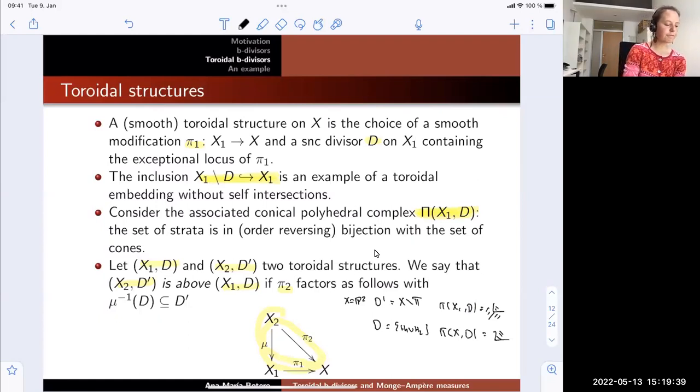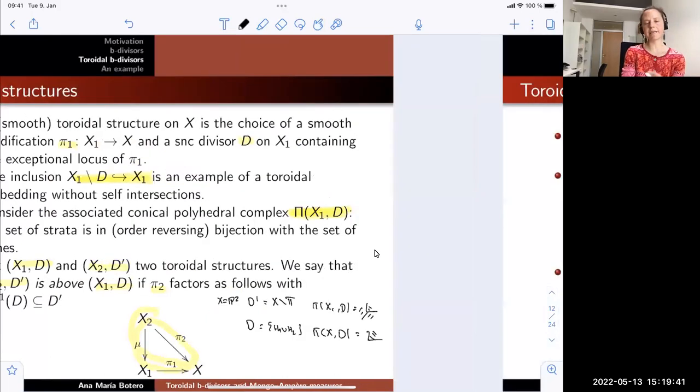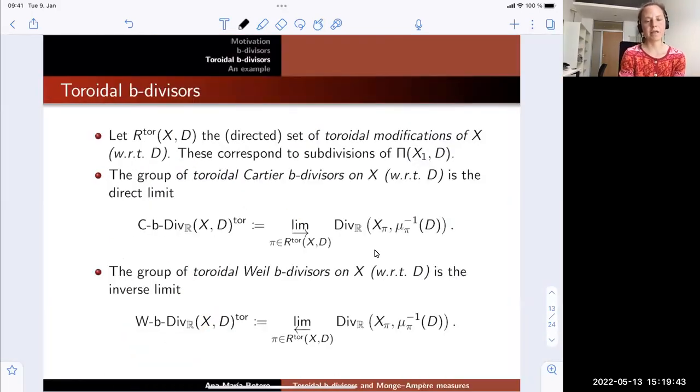But the point is, now we are going to fix one toroidal structure, and we're going to define toroidal b-divisors with respect to a fixed toroidal structure. So this is fixed, and then we define the set of all toroidal modifications of X with respect to this toroidal structure. So these are some special modifications, which are the toroidal ones.